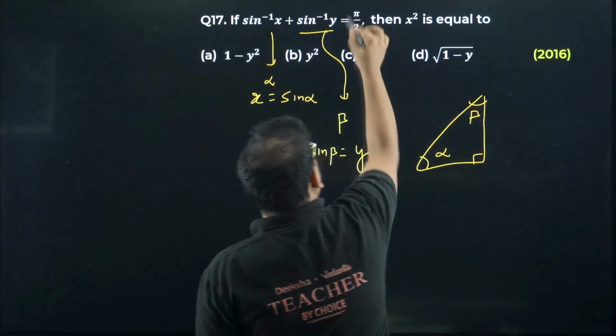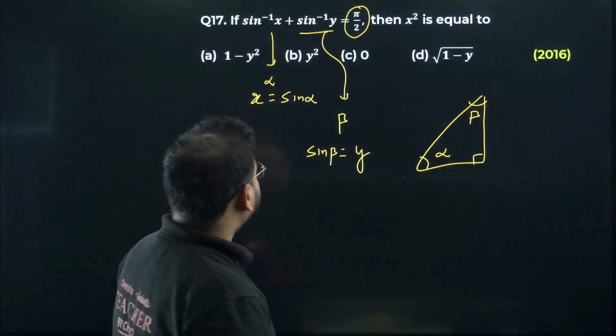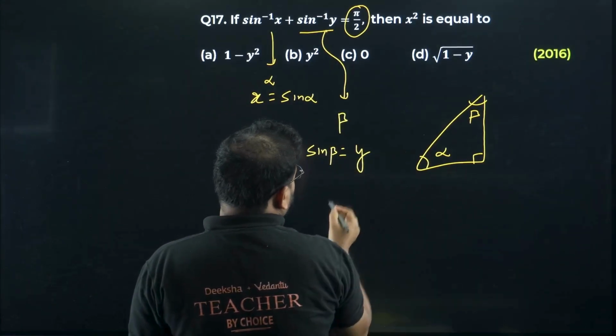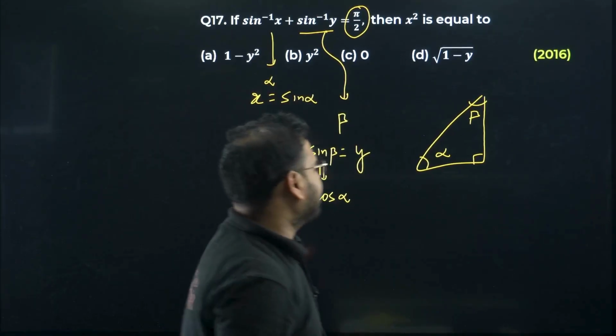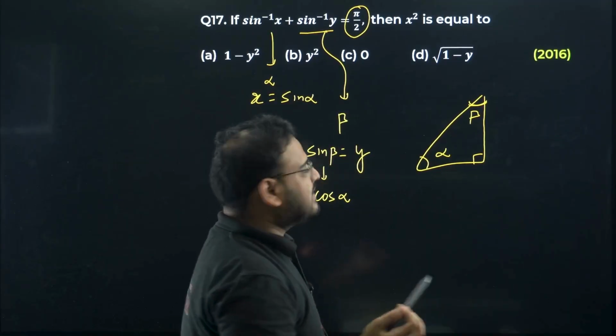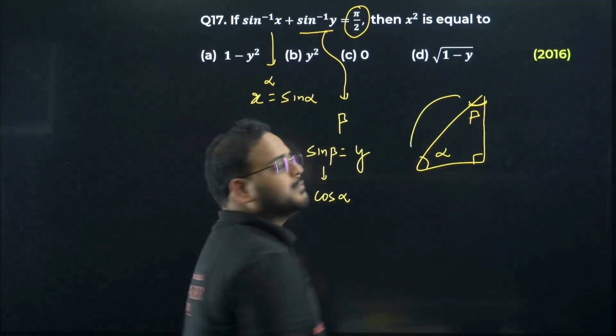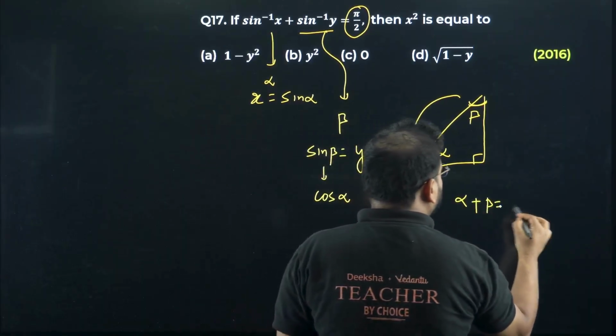Right angle triangle. I want to write x square in terms of y. I'm writing sine beta as y. I can also write this as cos alpha, because they are going to be complementary ratios. Alpha plus beta is 90, right?